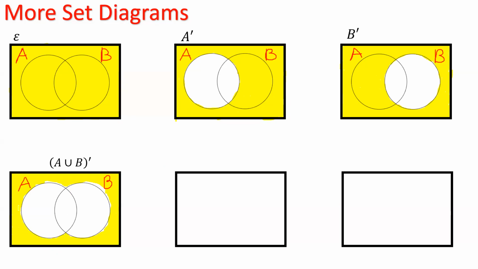A union B complement is everything in the universal set except for A union B. Just be careful.